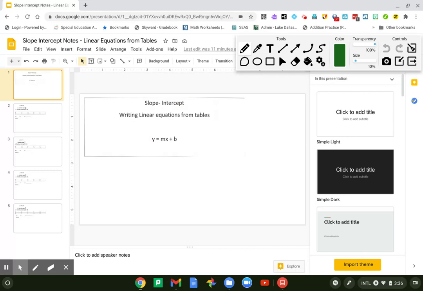We introduced the equation y equals mx plus b. We talked about how m represents several different things. M is the change in y over the change in x. So when you're looking at a table, what is changing with y and what is changing with x, and just plugging in those numbers. It's also the constant rate of change.